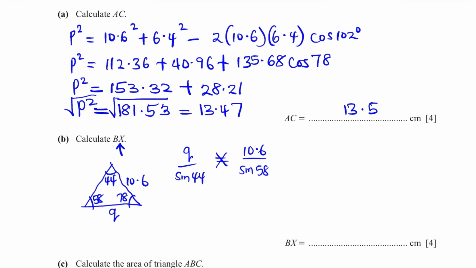We cross multiply to solve for Q. So Q is 10.6 sine 44 divided by sine 58. So this will be 10.6 sine 44 divided by sine 58.